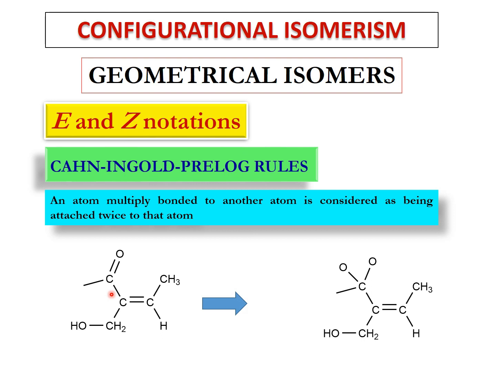For that purpose, we see here this carbon atom has an oxygen that is double bonded to this carbon atom. A double bonded or multiply bonded atom is considered as being attached twice. So this can be considered, just for the sake of assigning priorities, as this. It means that this carbon actually has two oxygens attached to it.